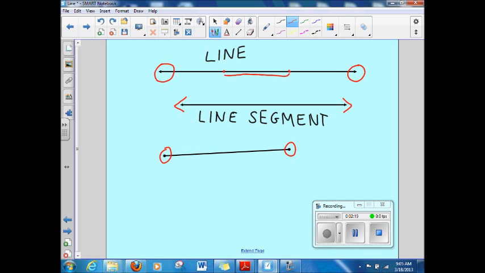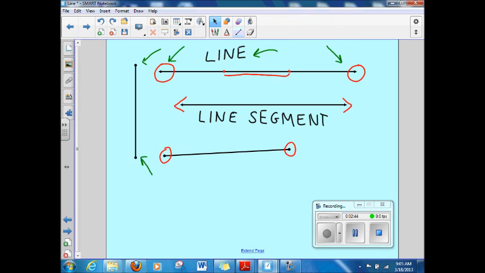So we call it a line segment. Let me draw another line segment here. Here's a line segment. It has a starting point and it has a stopping point. Unlike the regular lines we talked about, they don't have any stopping points. They keep on going forever. And line segments have a stopping point indicated with these dots on the end.